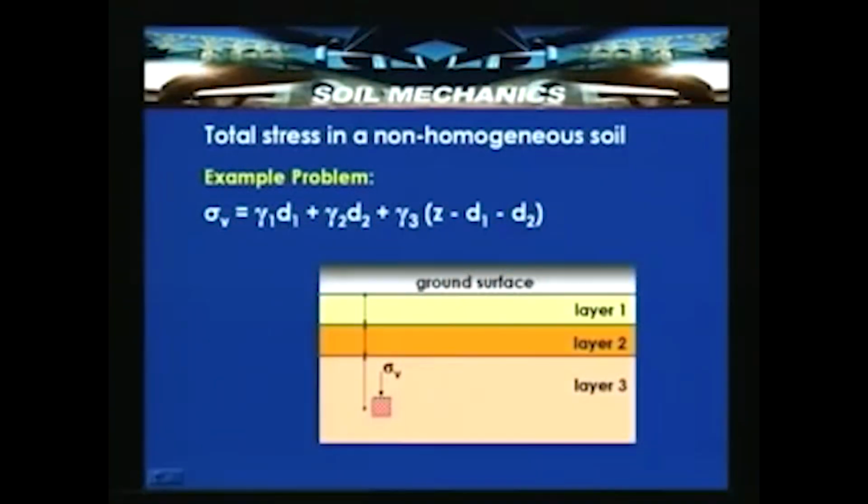So, let us look into the example of total stress in a non-homogeneous soil mass, which is the example for case 3 which we have introduced in the previous slide. We said in the previous slide sigma v is equal to gamma 1 d1 plus gamma 2 d2 plus gamma 3 into z minus d1 minus d2, that is the depth from the bottom of the second layer surface to the point of reference at which the stress is being determined.